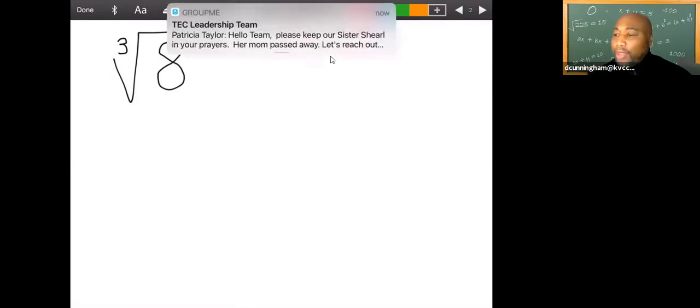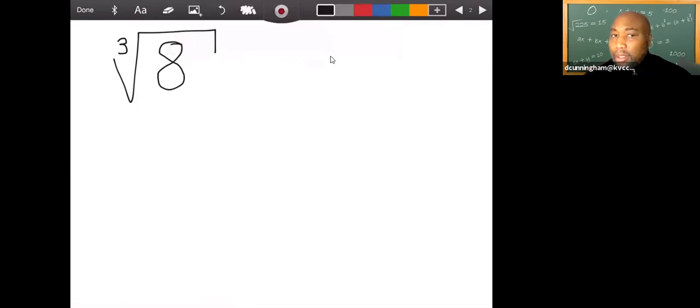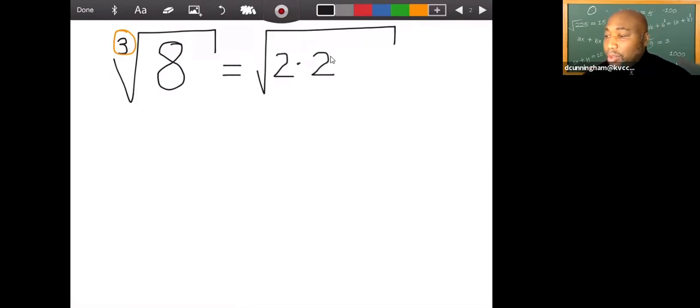And now I'm asking what 3 numbers, now not 2 numbers, but 3, because the index is saying the 3 numbers got to be the same, gives me 8. So we can say 2 times 2 times 2. Does that give me 8? 2 times 2 is 4 times 2.